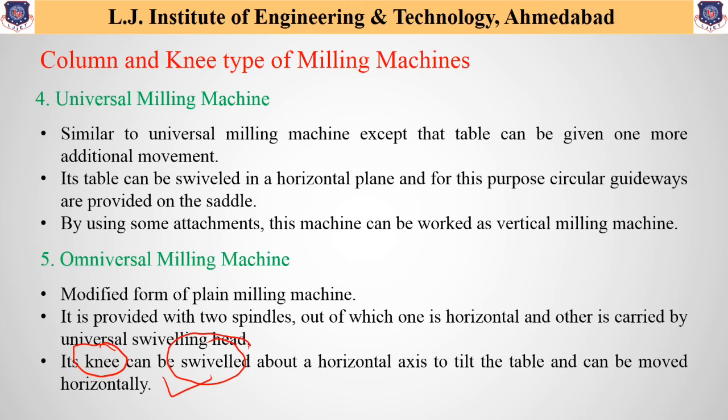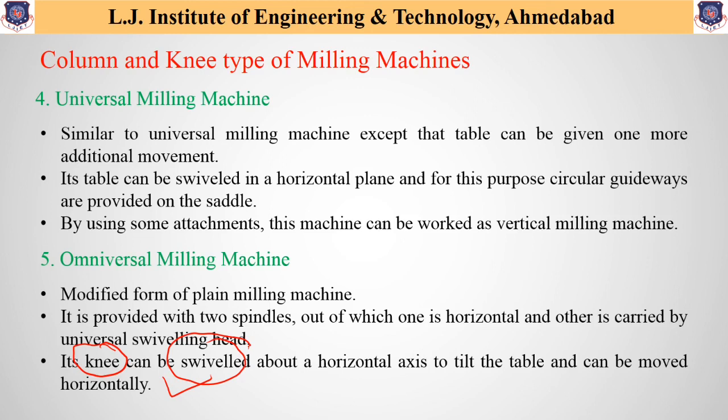So if we summarize our two previous lectures, we have discussed the hand milling machine, plain or horizontal milling machine, vertical milling machine, universal milling machine, and omniversal milling machine.